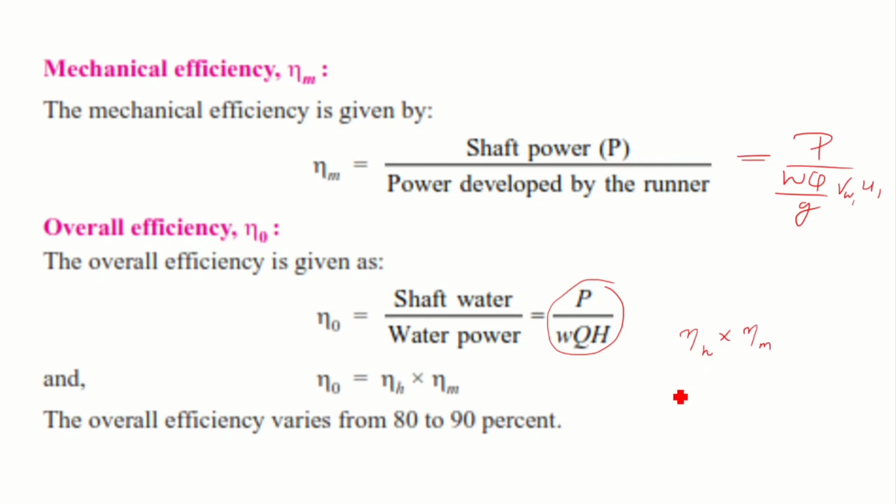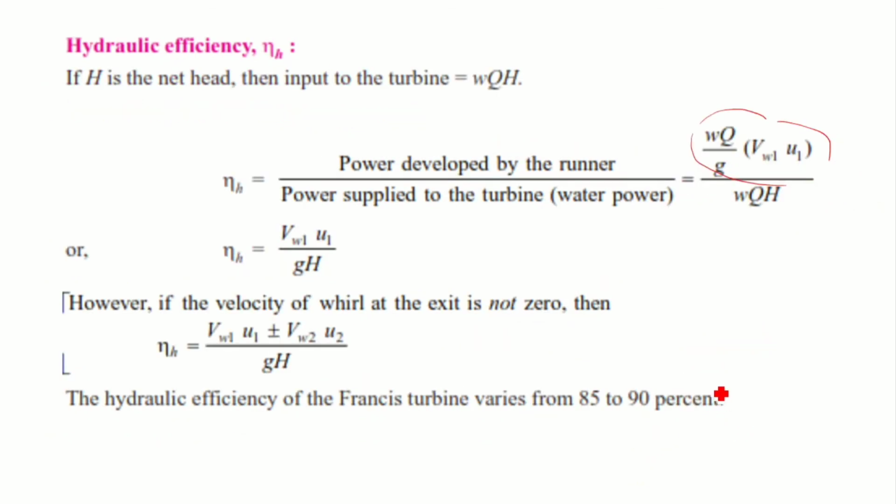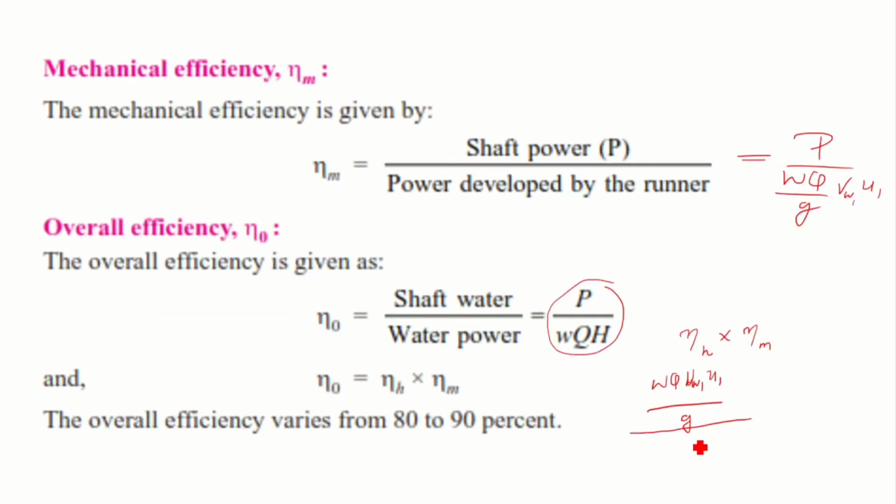So hydraulic efficiency, we know, is the power developed by the runner, VW1 U1 divided by g, divided by WQH, and the mechanical efficiency equals P divided by the power developed by the runner.